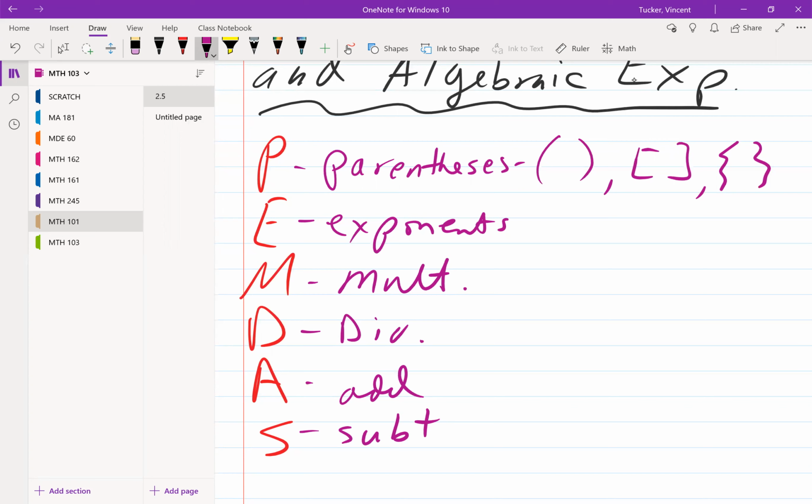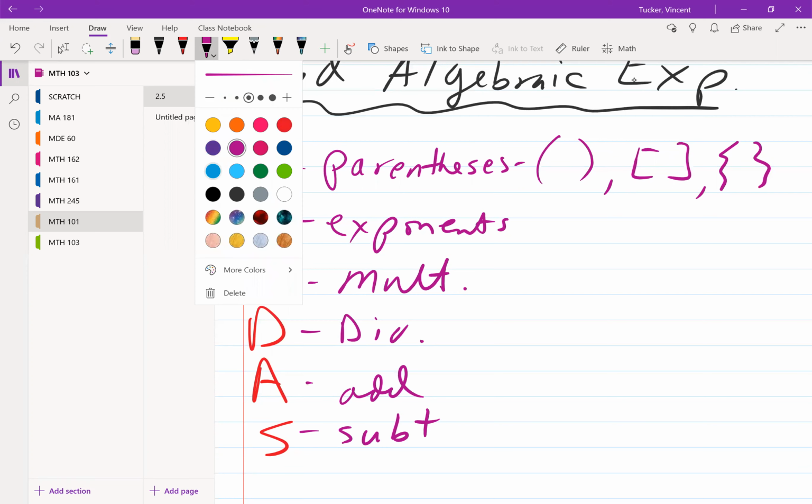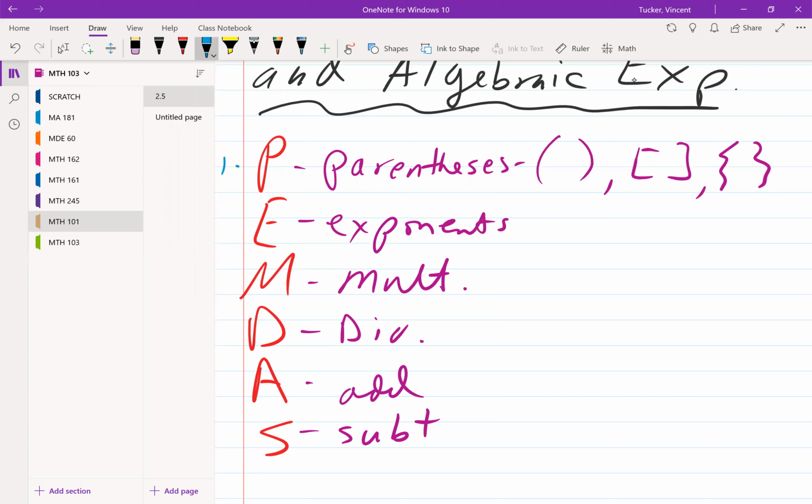All right, so now when you look at these order of operations, there are 4 tiers of operations that you're to be concerned about. What I mean by that is that there are 4 levels. The first thing is parentheses. Second is exponent. Third is multiplication and division.